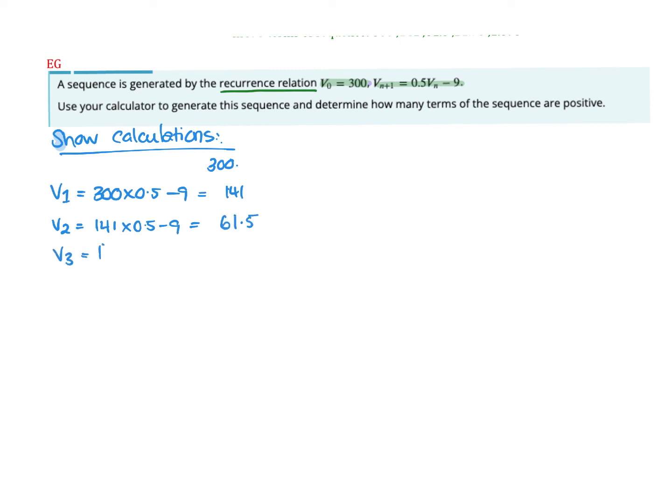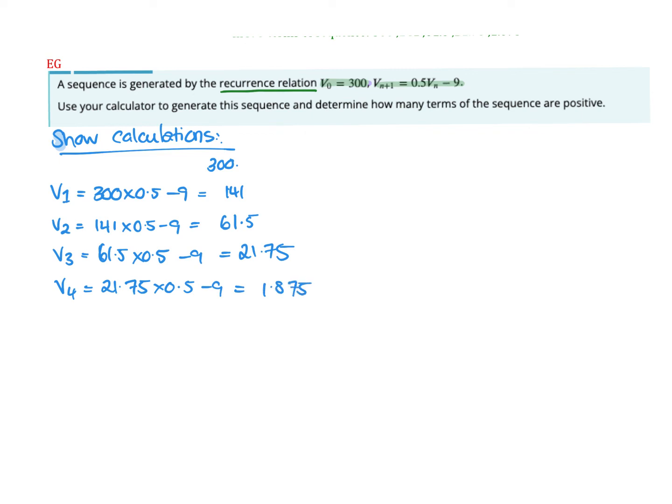V3 would be 61.5 times 0.5 minus 9 equals 21.75. So we've done this on our calculator. You see how I'm always using the one before? That's what the calculator's doing, which we want it to do.